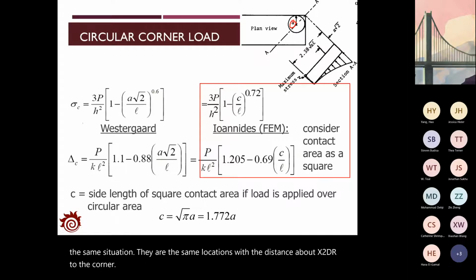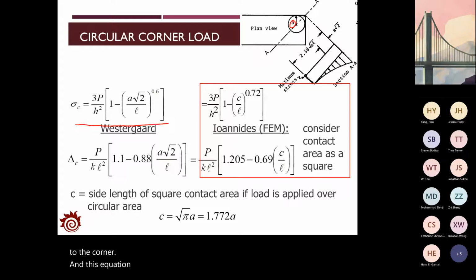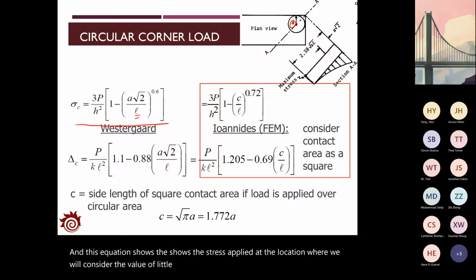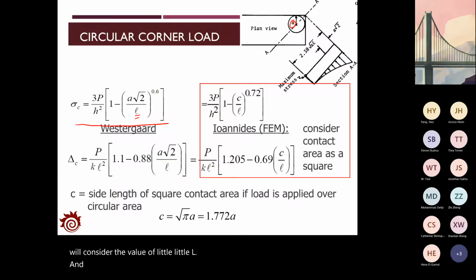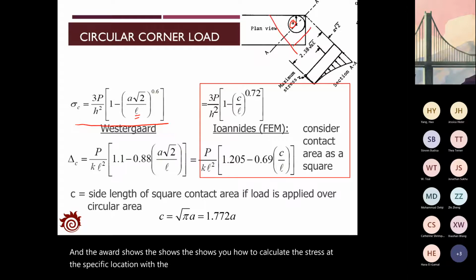And this equation shows the stress applied at the location where we consider the value of little l, and it shows you how to calculate the stress at the specific location with the distance x to the corner.